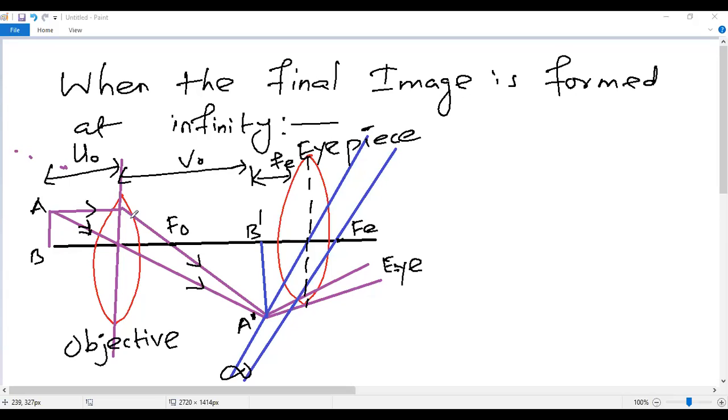Diagram: objective lens, eyepiece. This is the object, H. This is the image, H dash. This is H dash, the final image at infinity. Okay, the position of the object.